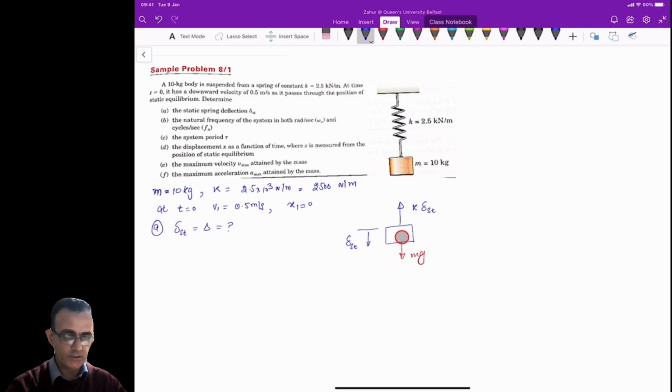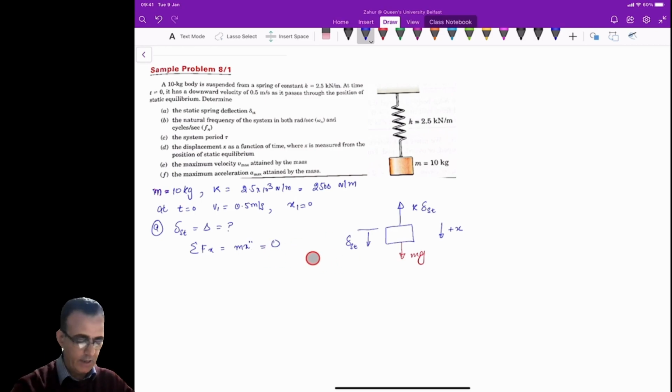We know that at this position the body is not moving. So we can say that the summation of all the forces in the x direction equals m x double dot, and it is stationary, so the acceleration is 0.